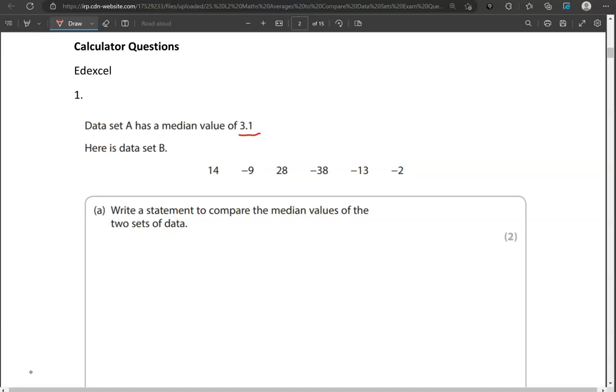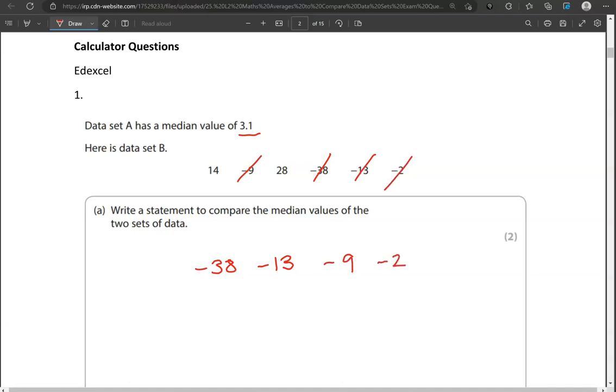So to do that, we'll put the numbers in order, starting with the smallest. The smallest of them all is -38, then -13, -9, -2.